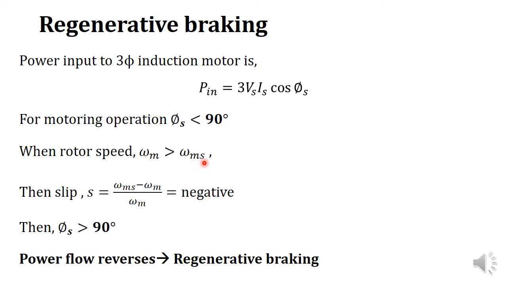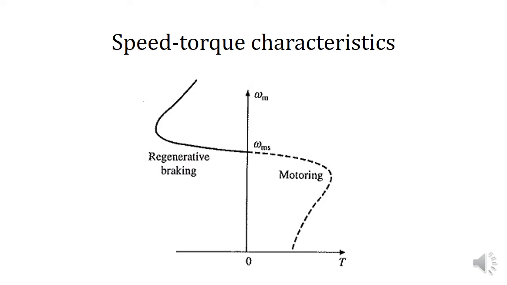If we are using a variable frequency supply, then to reduce the speed or to brake the machine using regenerative braking, the supply frequency is to be reduced. When supply frequency is reduced, omega ms becomes smaller than omega m. That is one possibility.